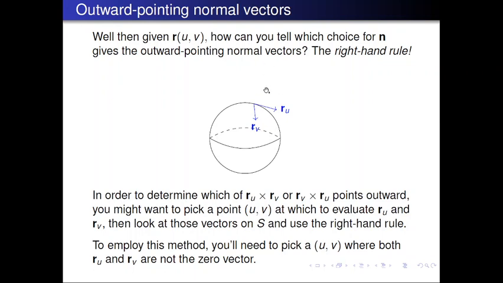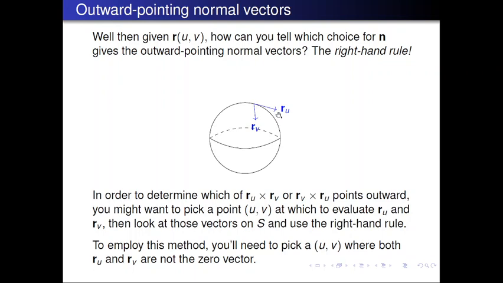Now, one saving grace is that you really only need to determine which one's outward pointing at one good point on the surface, and that behavior will remain. The parameterizations that we're going to consider in this class won't have this changing over, unless there are two distinct pieces to the surface, which we're going to see in the next video.